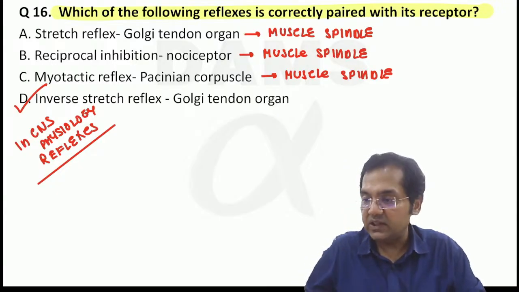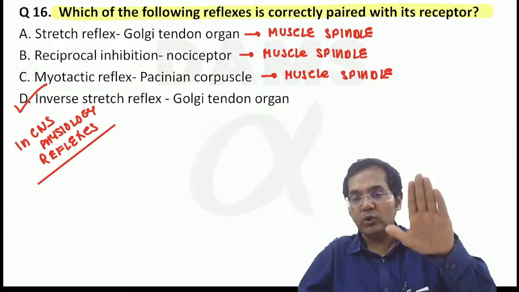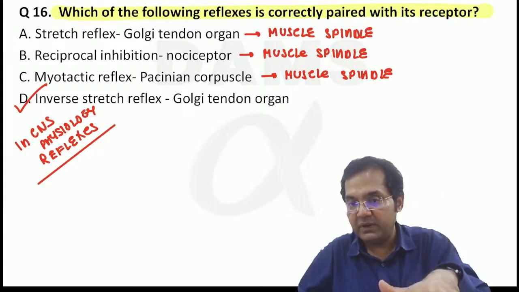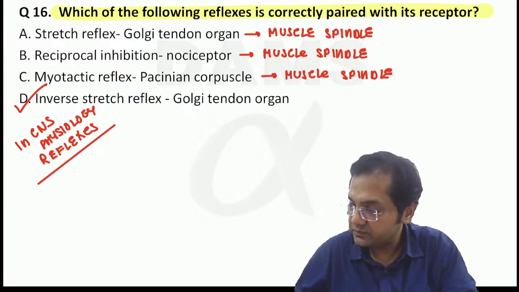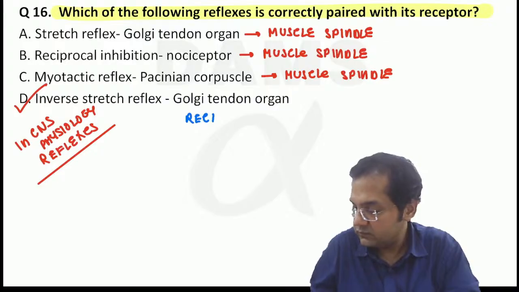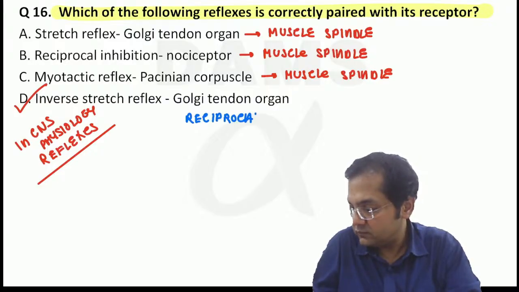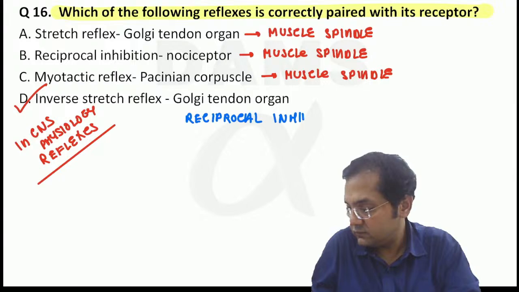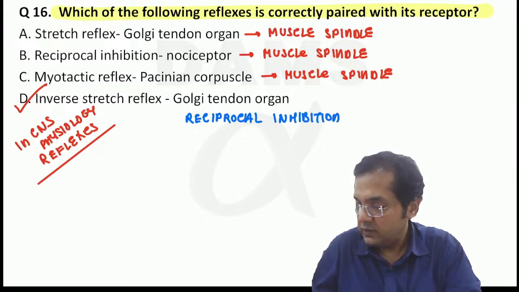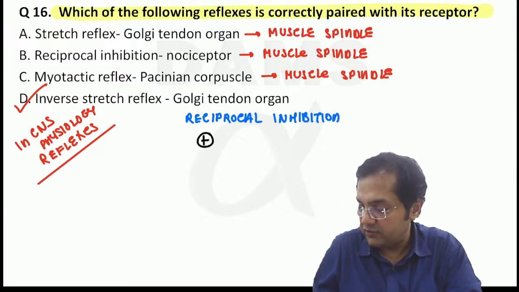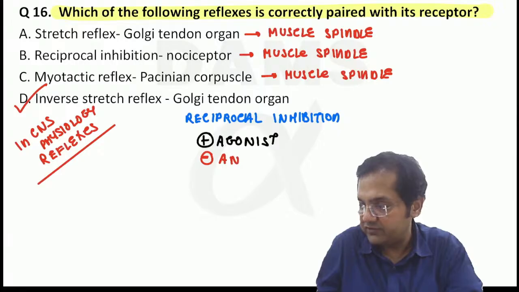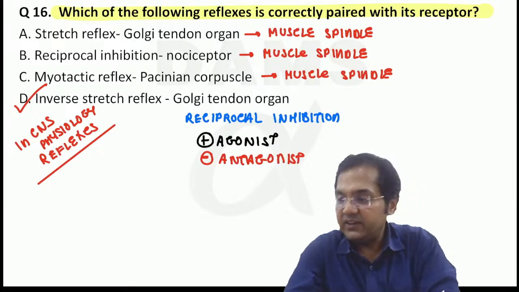Reciprocal inhibition is if I am stimulating the agonist muscle flexor, I am inhibiting the extensors. Stimulation of the agonist along with inhibition of the antagonist, right? Let's move to 17.